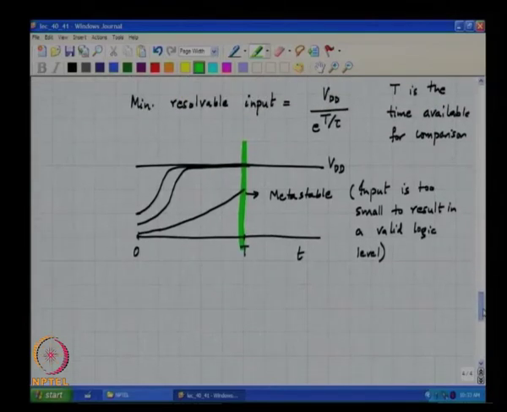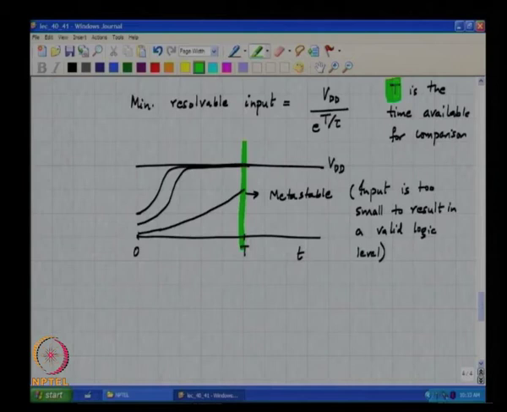So, the way of increasing the gain of the comparator, or to make the minimum resolvable input smaller, what do you think you can do? I mean, of course, capital T is fixed. So, the only other variable you have is you make sure tau is as small as possible.